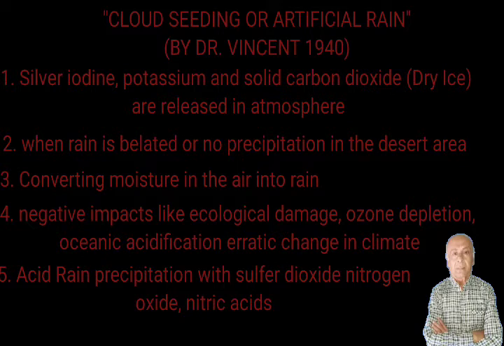Point number 2 is it creates precipitation, rain, unnaturally on the desert area where the rain is very scant. So especially in Saudi Arabia and the Gulf area and the Middle East, and wherever there is desert and precipitation doesn't occur because evaporation doesn't occur.